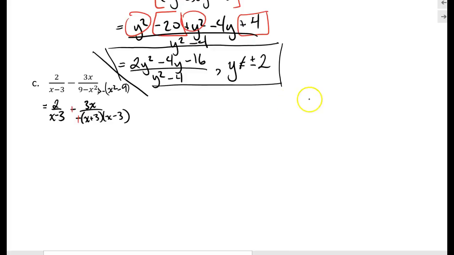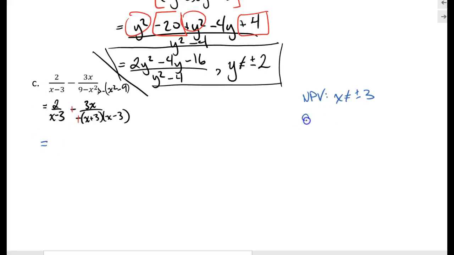But then when we go to talk about our non-permissible values, life becomes a little bit easier too because I've factored things. So in this case, my non-permissible values are x can't be positive or negative 3. So we're seeing a lot of those difference of squares to start off with. So make sure you can recognize the difference of squares. Two squares, one subtracting from the other.